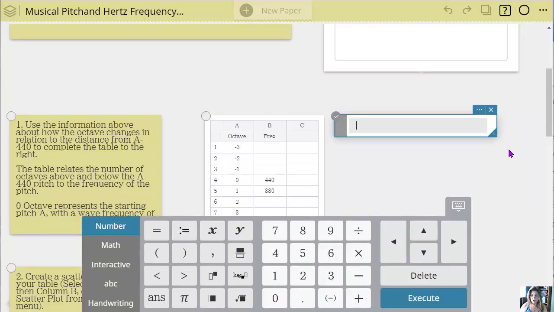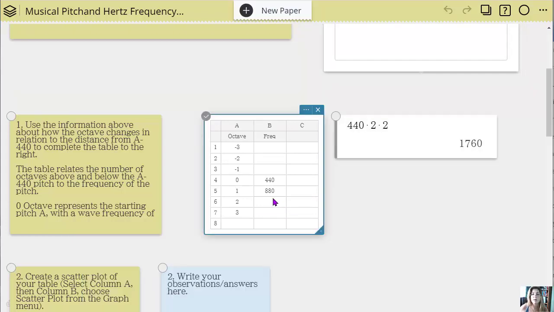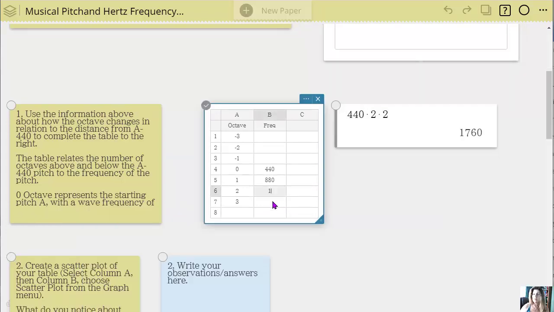We start with 440, and the first time we multiply by 2. For the second one, we multiply by 2 again, since each octave is doubling, and I get a much larger frequency pitch.